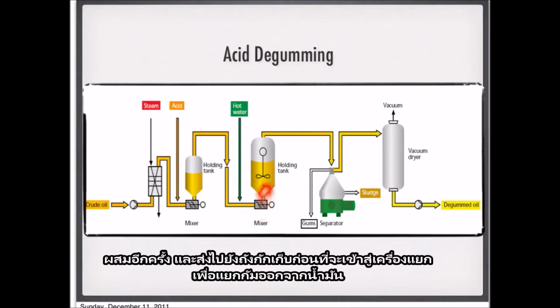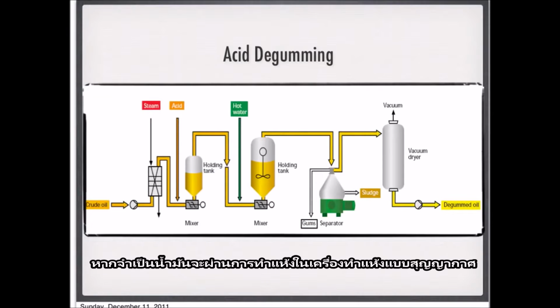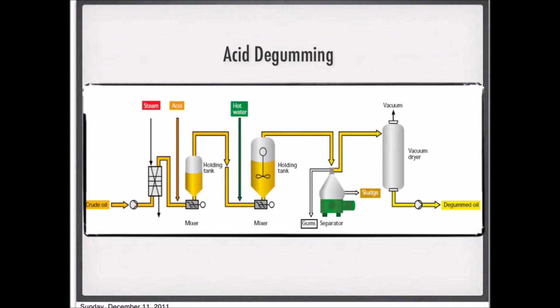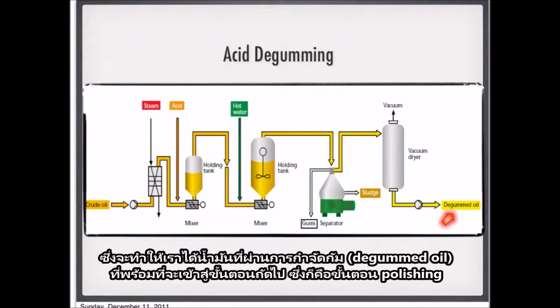Again, mix and go to the holding tank, and then it will go to the separator to separate the gum from the oil. Again, if necessary, the oil will be dried in the vacuum dryer, and finally we get the degummed oil, which is ready to go for the next step, which is the bleaching step.